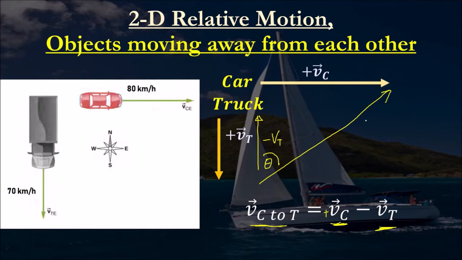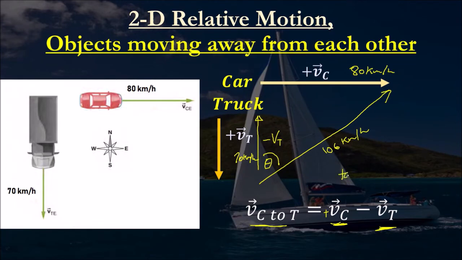Again, if we try and do the calculations, this is 80 kilometers per hour, that is 70 kilometers per hour. We've already worked out that the resultant vector will give us a relative velocity of about 106 kilometers. So that hasn't really changed, but the angle has changed.